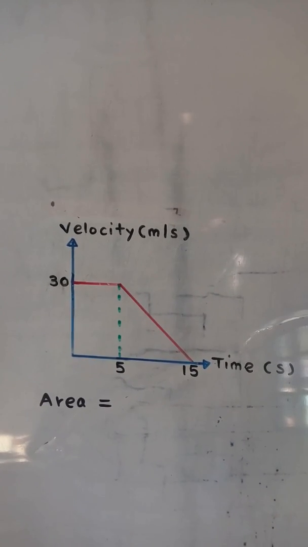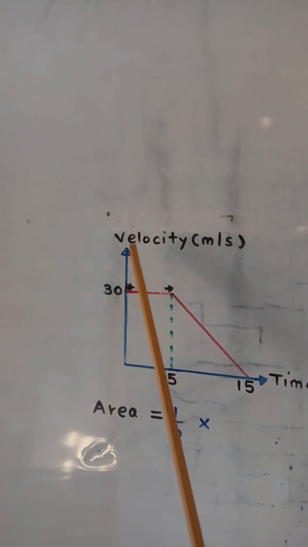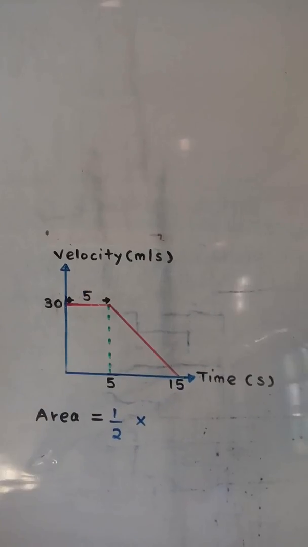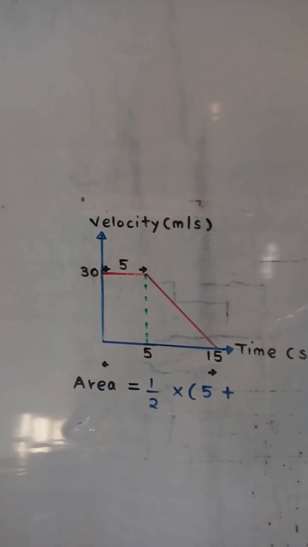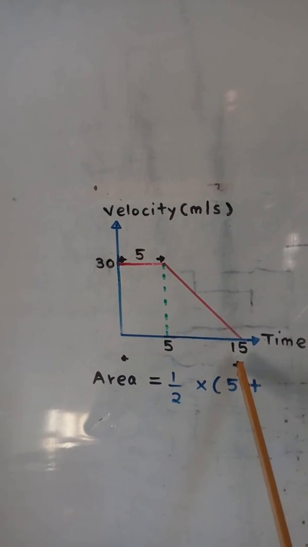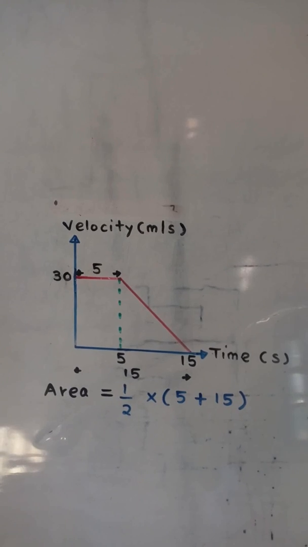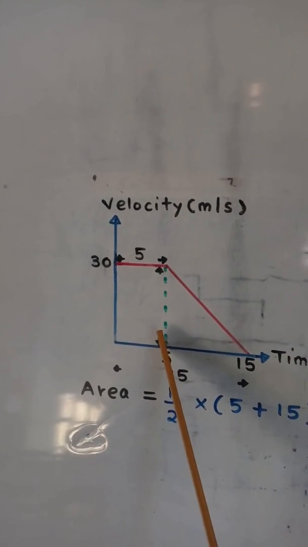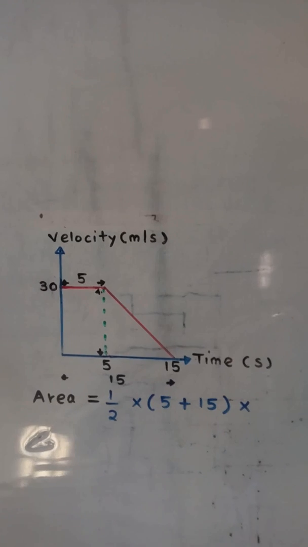Area under the graph is equal to a half times the distance from this point up to this point, which is equal to 5 plus the distance from this point up to this point, which is 15, times the distance from this point up to this point, which is 30.